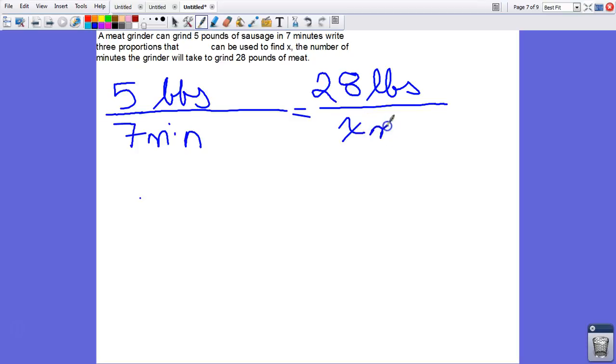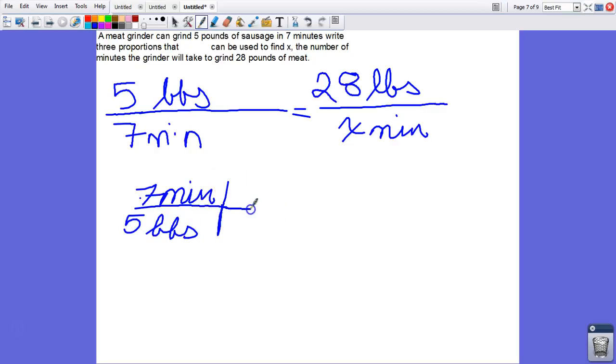So there is one way I could do it. You guys, I could just flip both of these over and get the same answer. So here's a second way, I could put 7 minutes on the numerator, 5 pounds on the denominator.